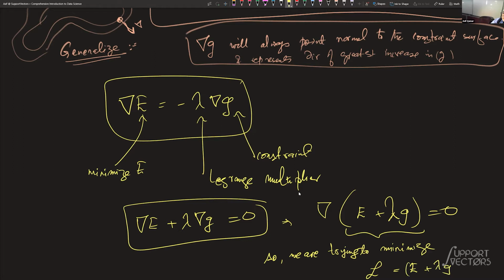You're trying to minimize not just the total error, but another function, loss. It's called the loss. And thus we get introduced to the big concept of loss in machine learning, the loss function. L is your loss function. What you're doing is you're minimizing not E, but the sum total of E plus lambda G.